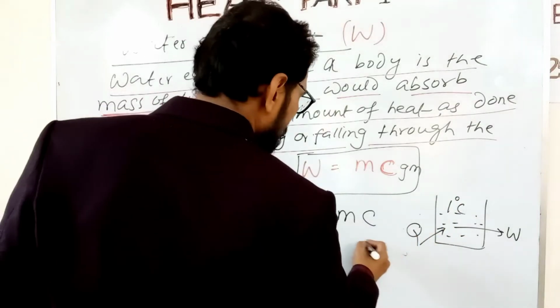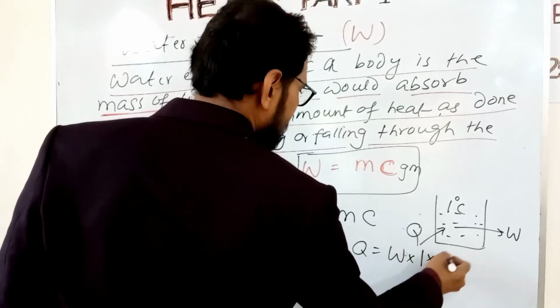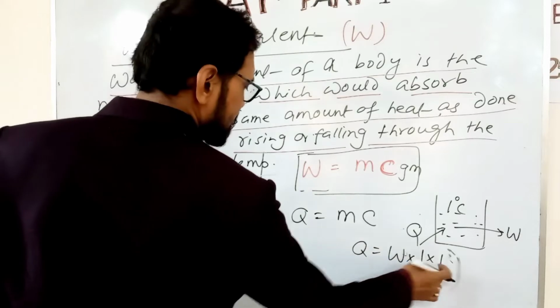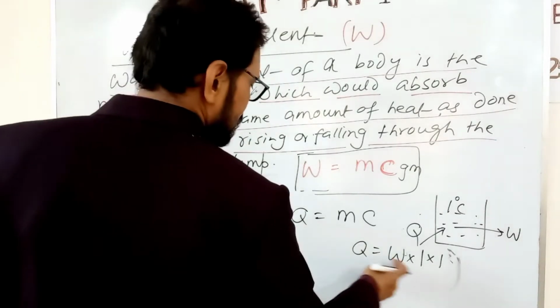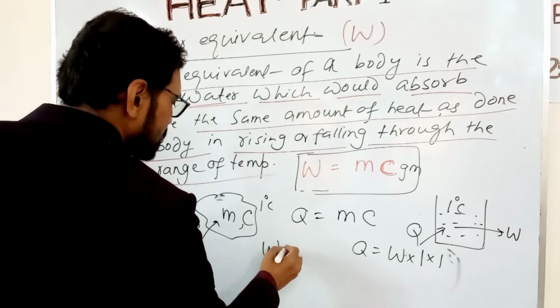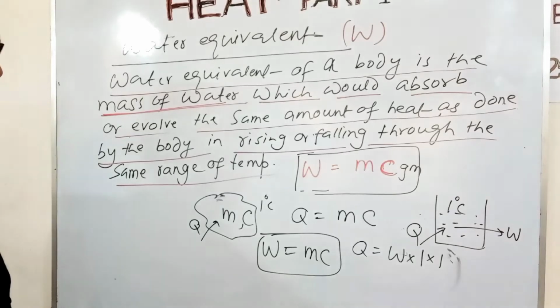So what is the Q? Q equals mass into specific heat of water, which is 1, into temperature rise, which is 1. So Q equals m s theta. So this value and this value will be equal. So W equals m into c. So this is the formula.